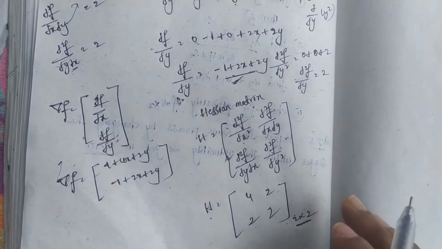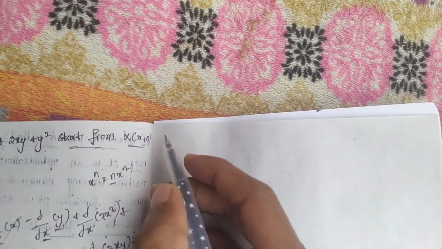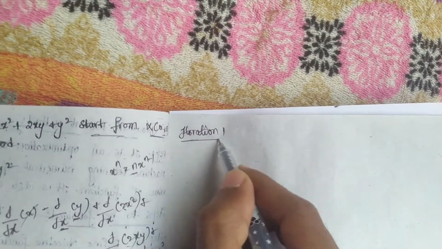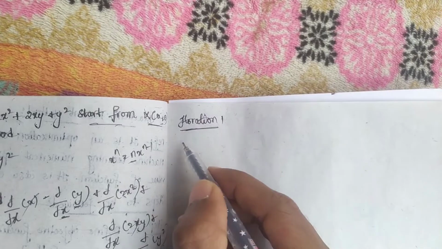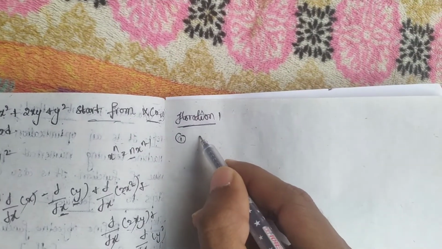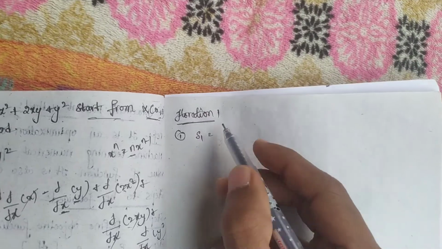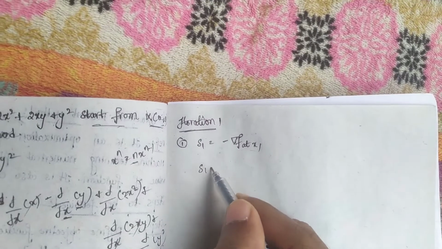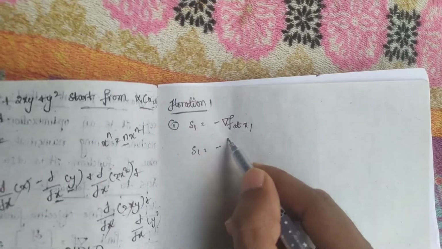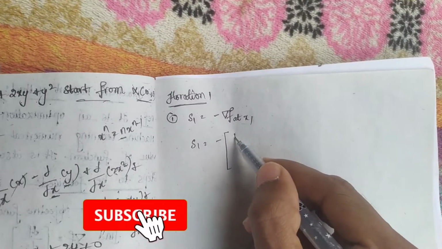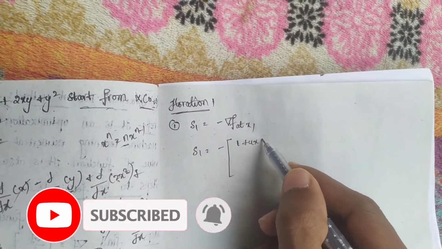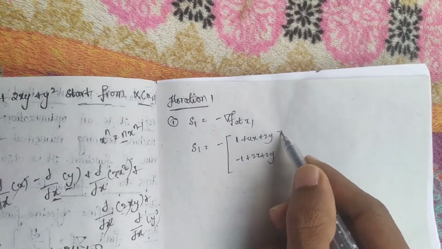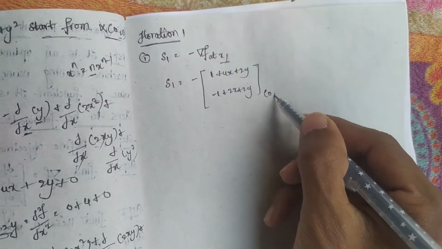After this we have to find out the iterations. That is iteration 1. We start the main concept here. In iteration 1, the first procedure is what? We have to find out the S1 value. S1 equals to minus grad f at x1. That is S1 equals to minus grad f, the value is 1 plus 4x plus 2y and minus 1 plus 2x plus 2y, and the x1 point is 0, 0.